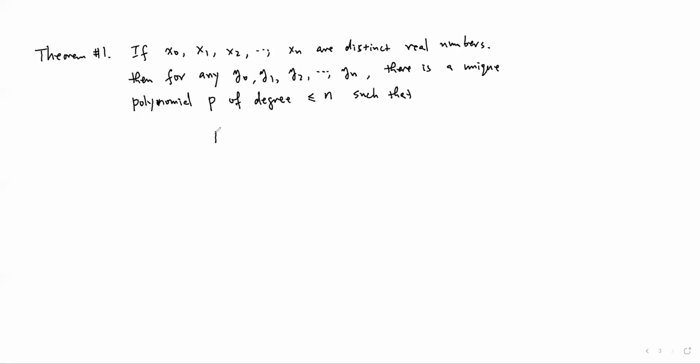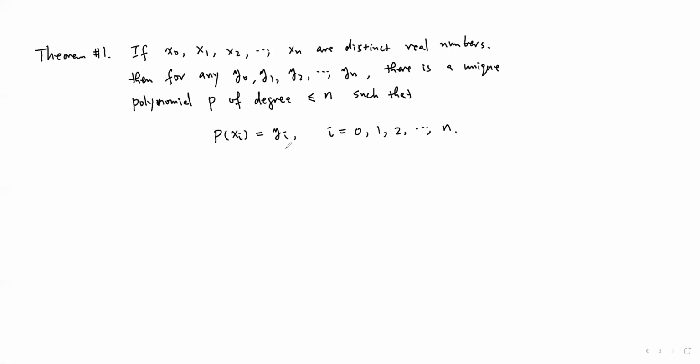That means the polynomial value at the ith node is equal to yi. What is i? i is from 0 to n. One and only one polynomial satisfies these conditions.